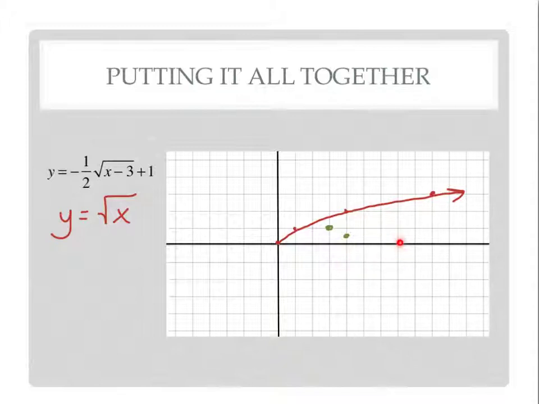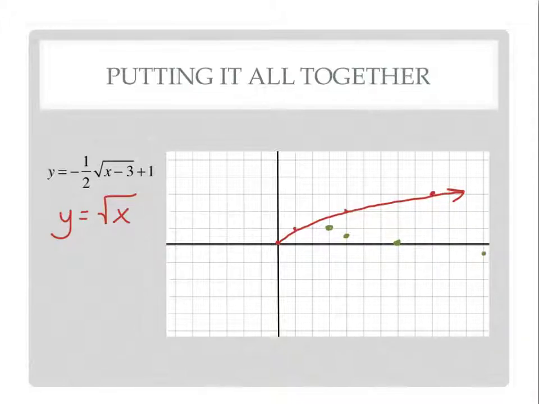Horizontal 3, vertical 1. There we are right there at 7, 0. And the last point we can do, half size, reflect. Oh, it doesn't matter which way I do it, I guess. Reflect, half size. 3 horizontal, 1 vertical. And that puts me at 12, -1/2.